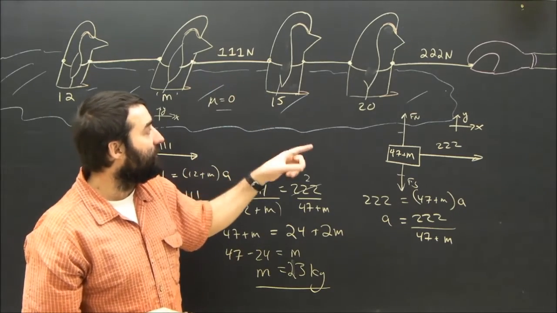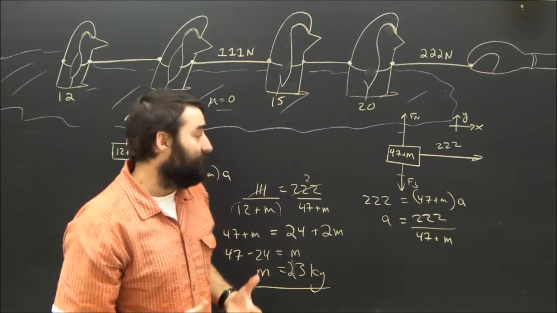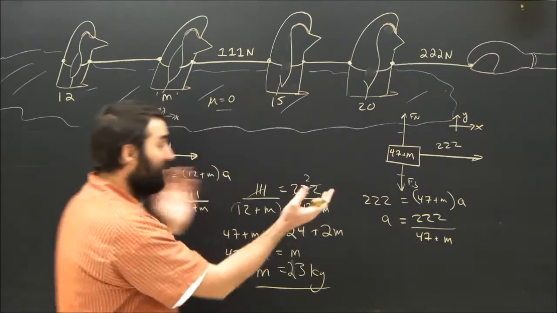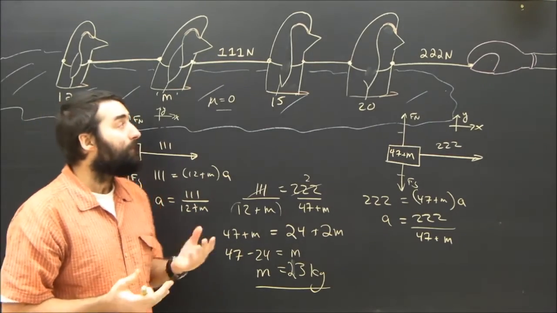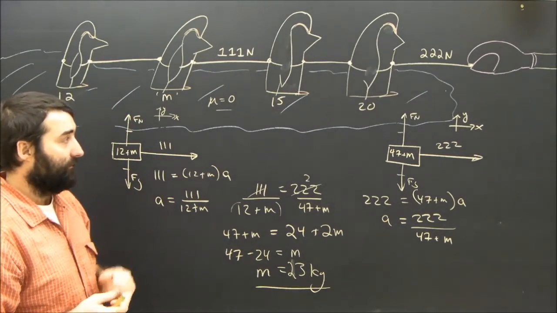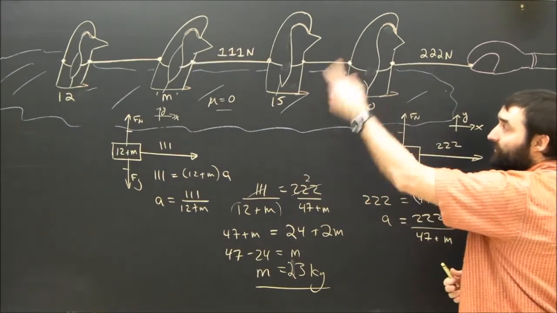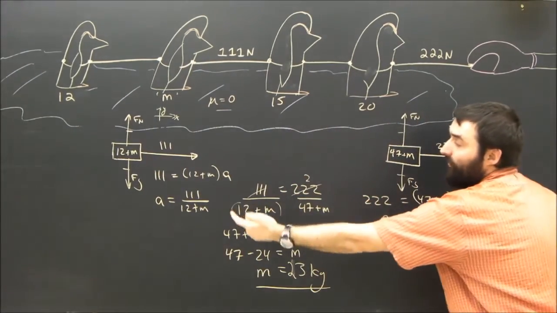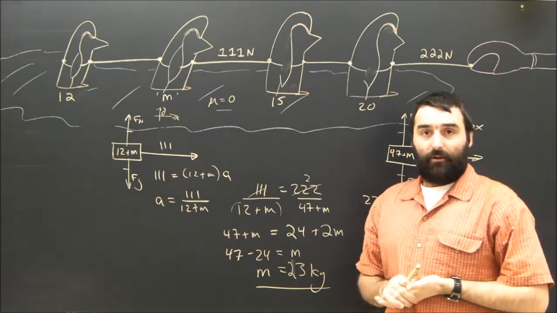It would have been 111 equals 35a. So acceleration is 111 over 35. So I could have found this number. The way I did it, I didn't actually ever learn what the acceleration was. I just assumed it was the same for all the penguins. I could have, of course, drawn the free body diagram for the first two and gotten the acceleration, and then dropped the acceleration into this equation and found out. I would certainly have gotten the same answer, I hope.